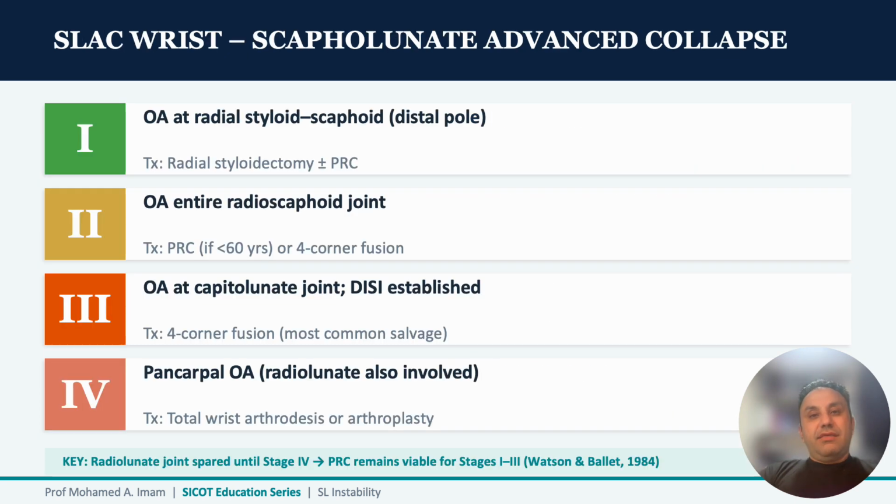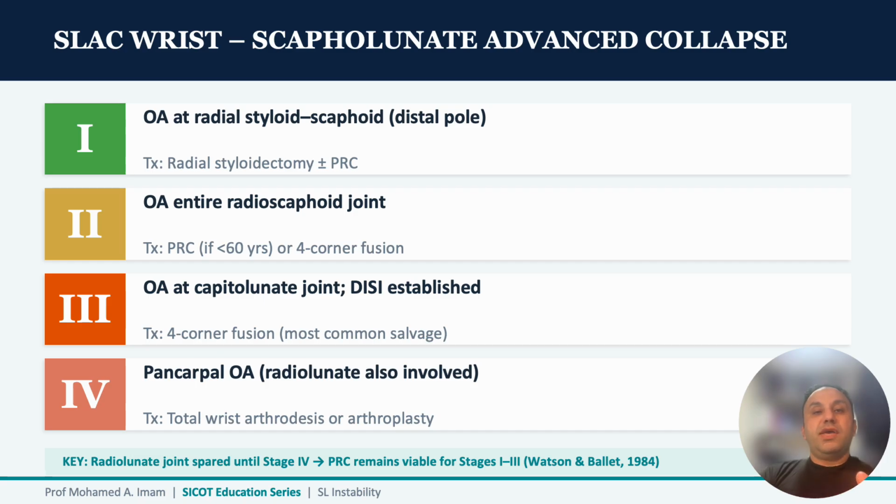So what is a SLAC wrist? This was described by Watson and Ballet in 1984. It has 4 stages with progressive involvement. The radiolunate joint is spared until stage 4, and this has an implication for our treatment options, because usually you can still use PRC, proximal row carpectomy.